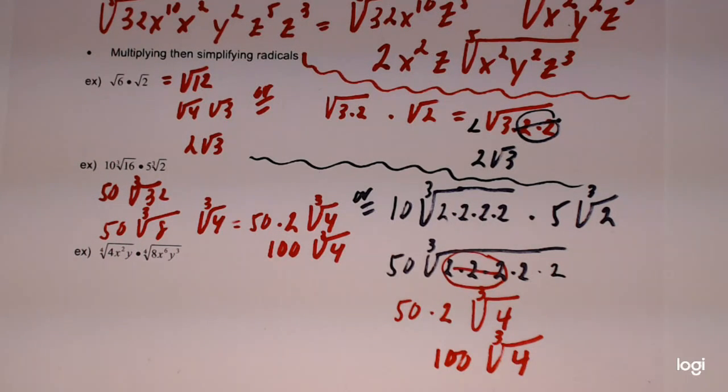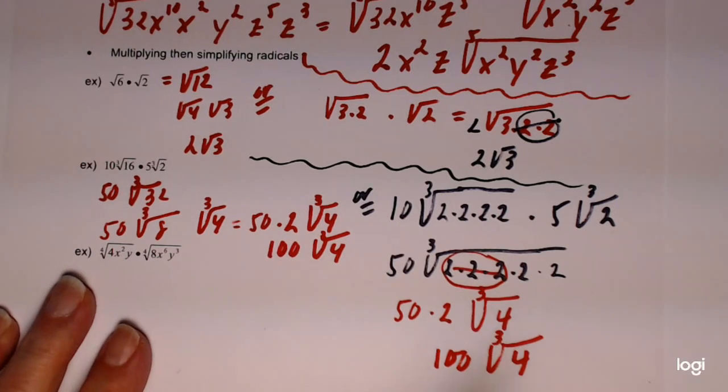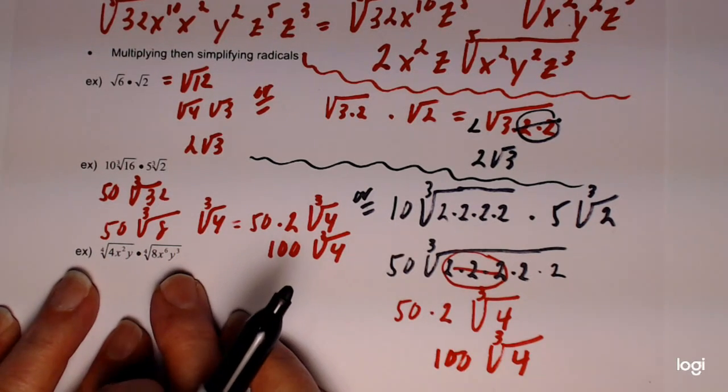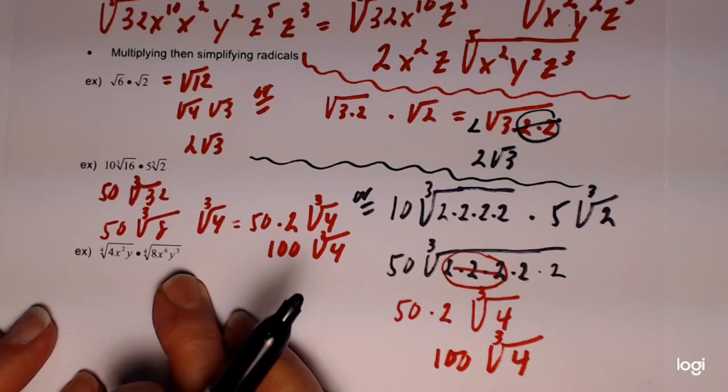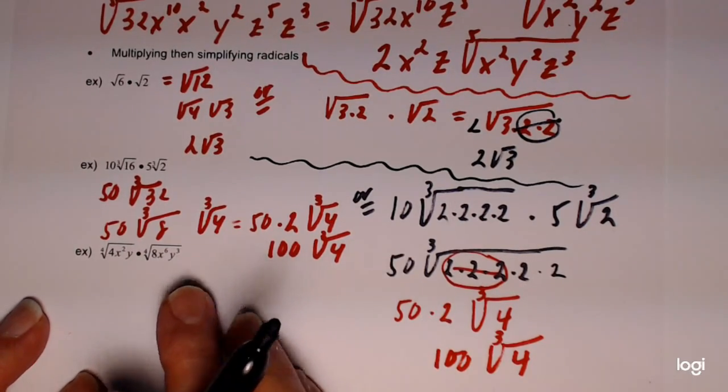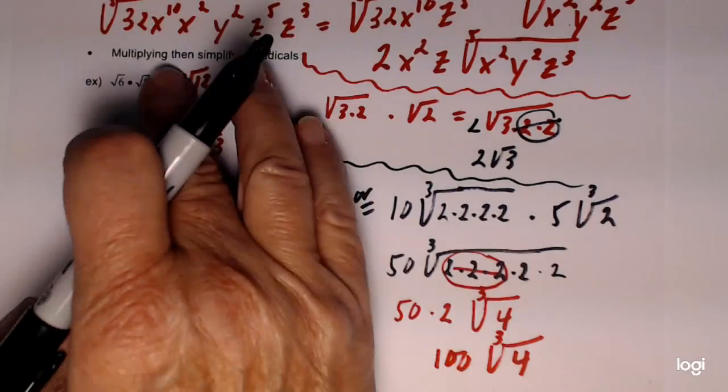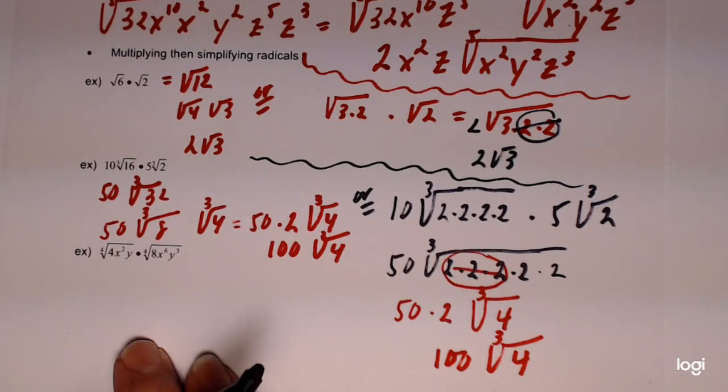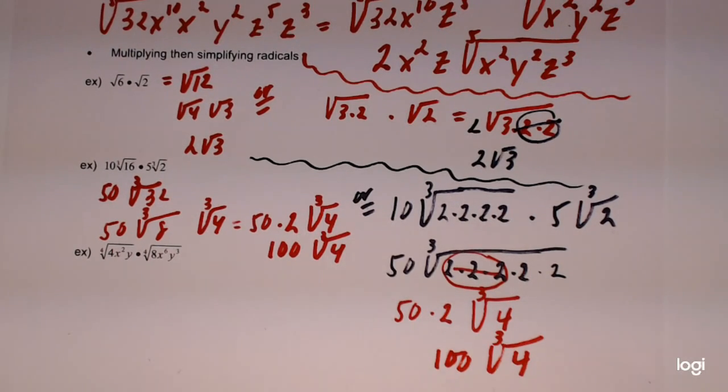Last example, we are looking at fourth roots. So here, what I'm going to do is I'm going to do the multiplication first. I should point out, in the first 2 examples, there were no variables involved. So either method is absolutely correct, but whatever you choose.